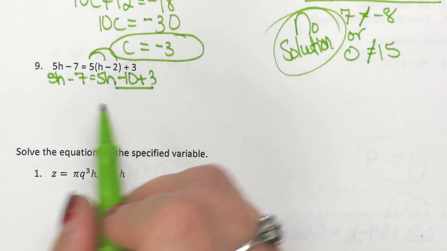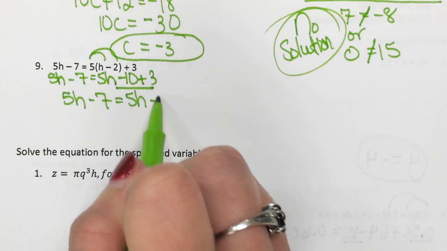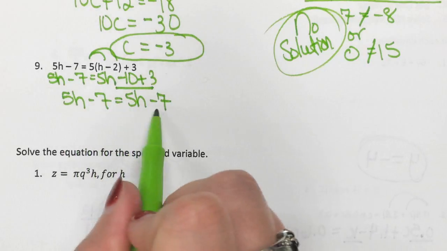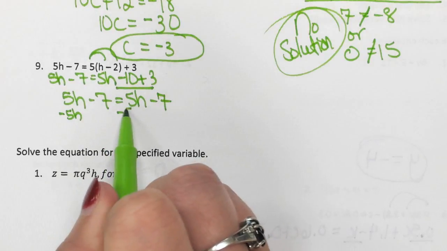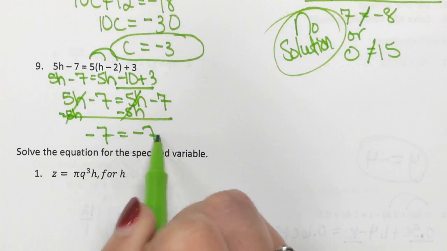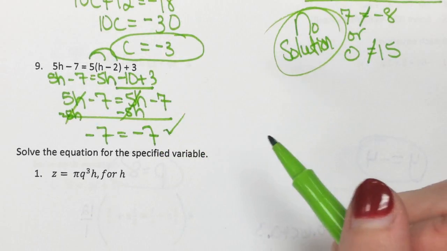What's negative 10 plus 3? Negative 7. That is not a no solution. It is all real numbers because they're exactly the same, okay? If you subtract that 5h, negative 7 does equal negative 7. Those are exactly the same.